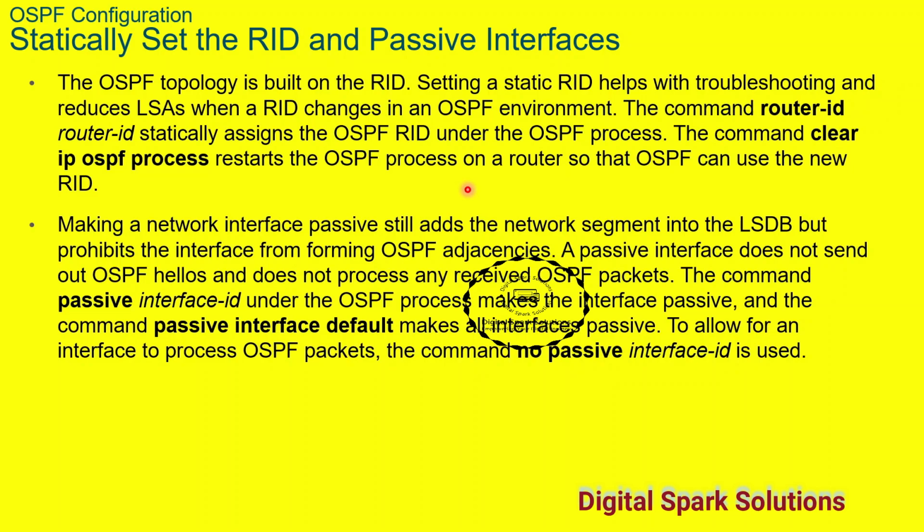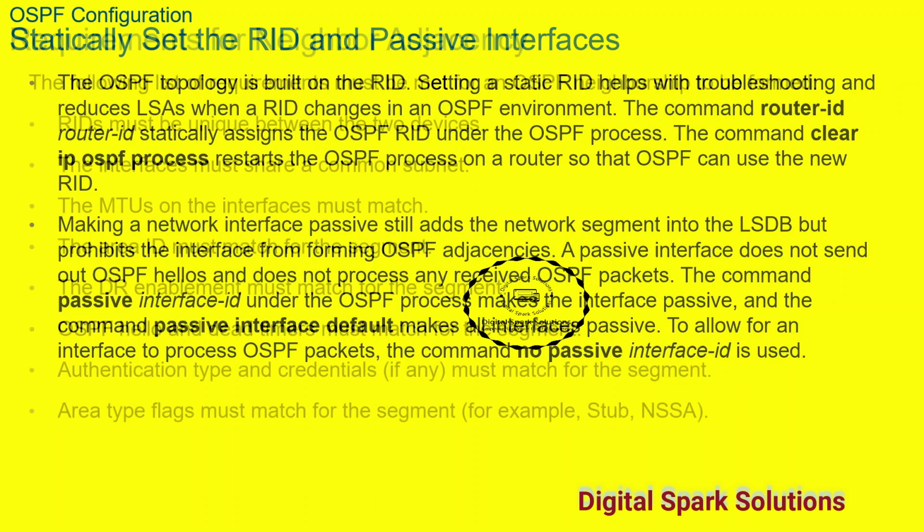The command passive-interface ID under the OSPF process makes the interface passive, and the command passive-interface default makes all interfaces passive. To allow an interface to process OSPF packets, the command no passive-interface ID is used.